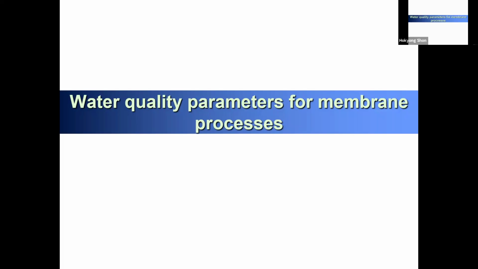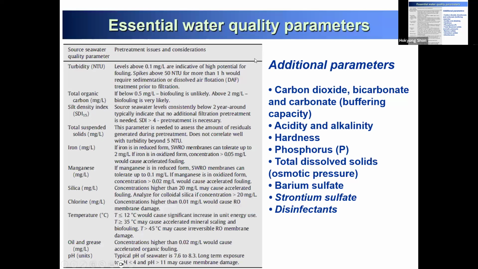So you need to look at the water quality, and this will tell you how many modules, elements, pressure vessels, and banks we need. This impacts our overall design, so water quality is the first step.